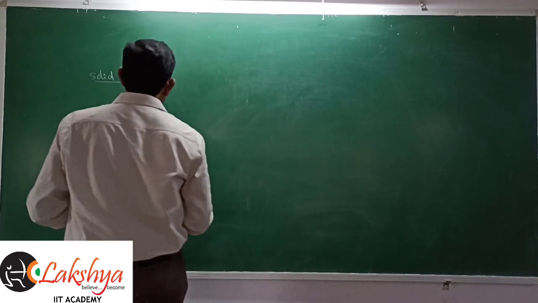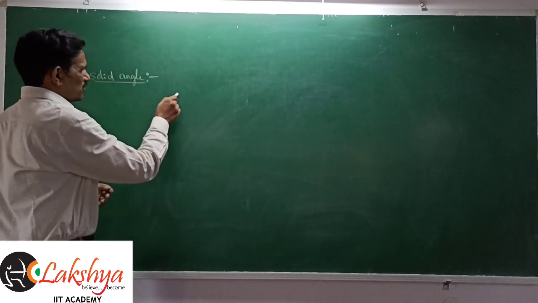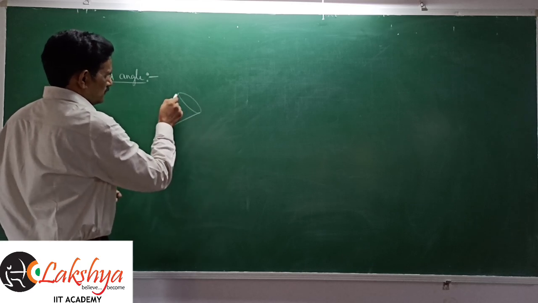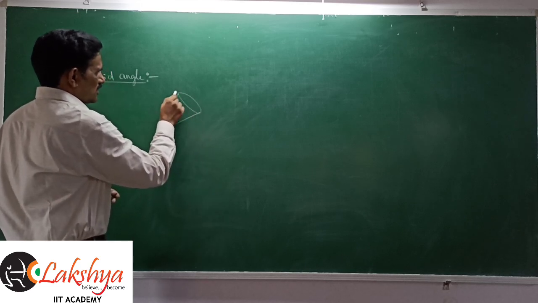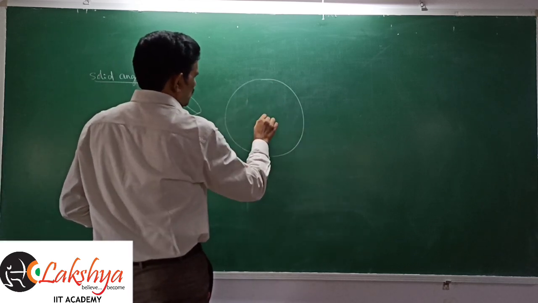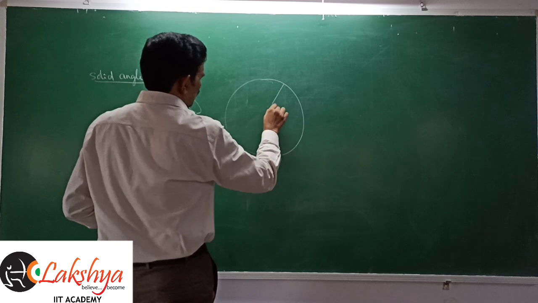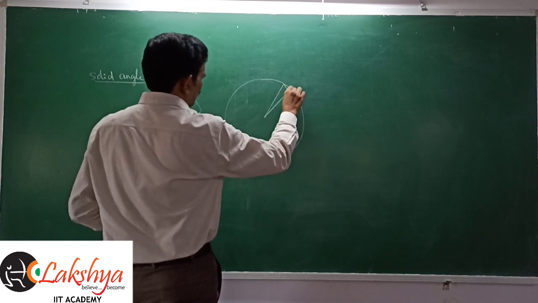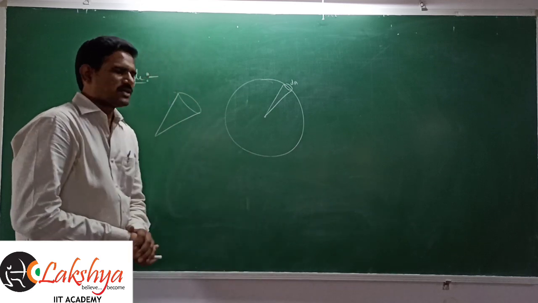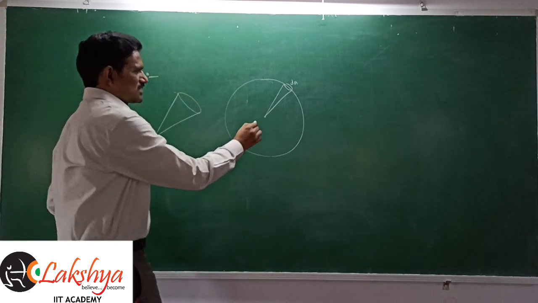So suppose I am taking a small part of a spherical surface. Let us take a complete sphere, and in that complete sphere I am taking a small part like this, a dA. Now the angle subtended by that small area element at its center.